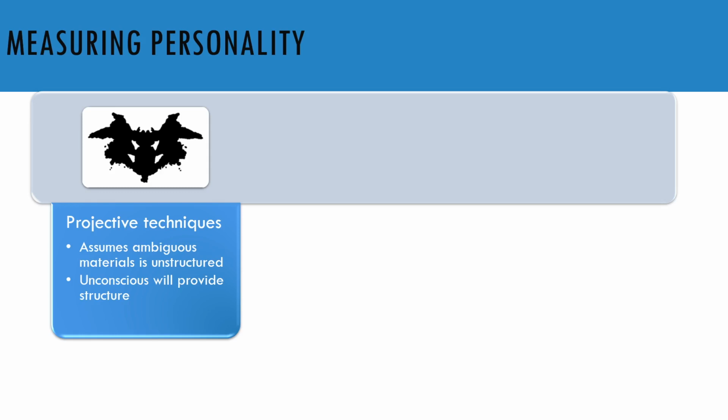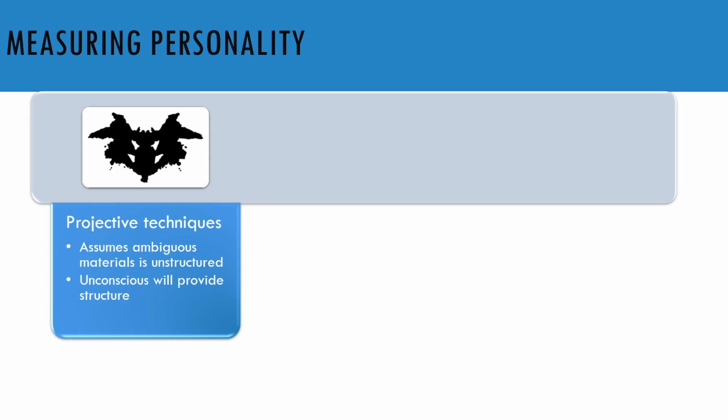But the basic idea underlying all of the projective techniques is that we're going to assume that if you have an ambiguous material, like in this case an ink blot, it's unstructured, there's no inherent meaning to the ink blot. Or the other materials that we'll talk about later, it's not always an ink blot. The unconscious will provide structure.